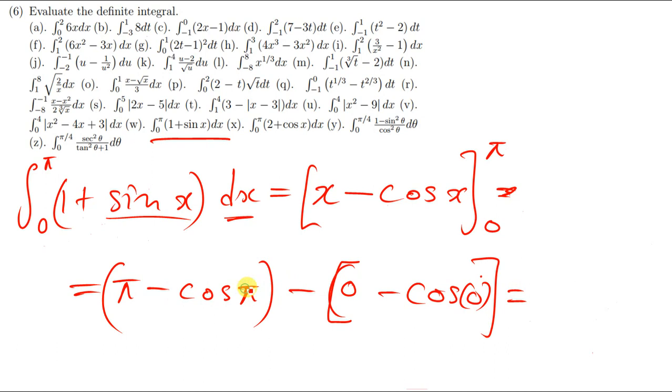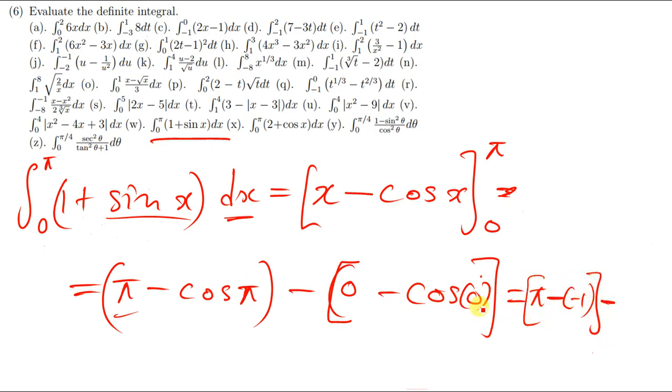So cos pi is simply just going to give us negative 1. So we have pi there, then minus negative 1 because cos pi is simply negative 1.